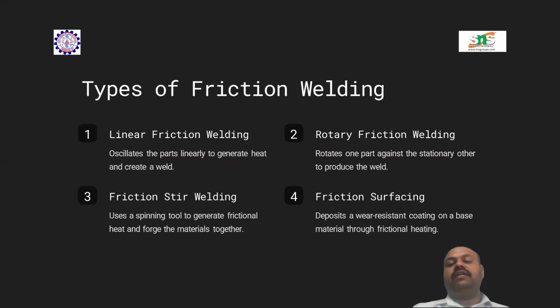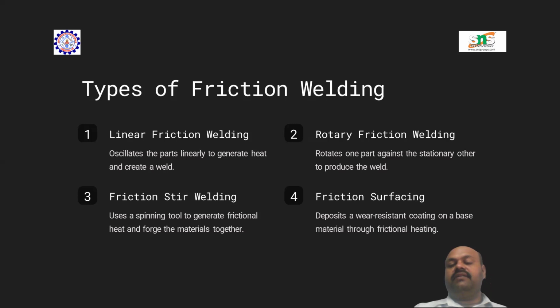So what are the types of friction welding? We have linear friction welding, rotary friction welding, friction stir welding and friction surfacing. Linear friction welding oscillates the part linearly to generate and create weld. So that means the axes are parallel between the rubbing surfaces. And rotary friction welding rotates one part against the stationary other part to produce the weld.